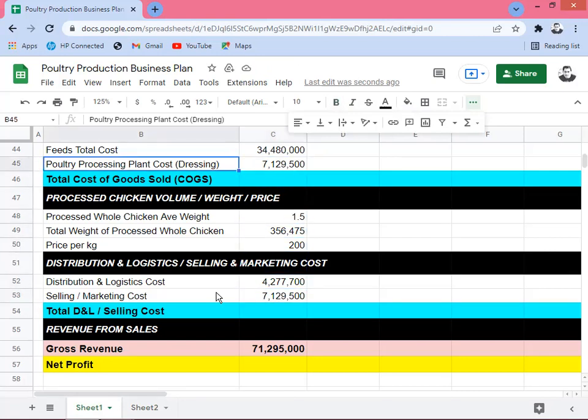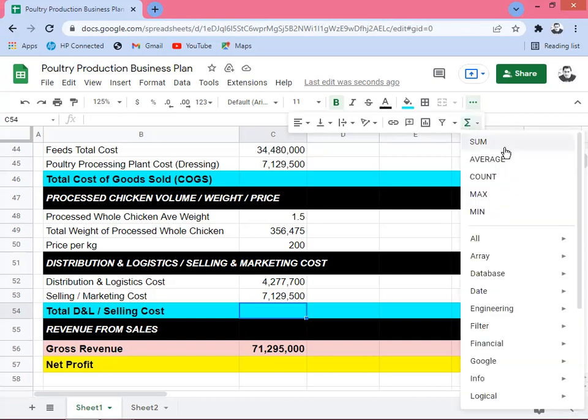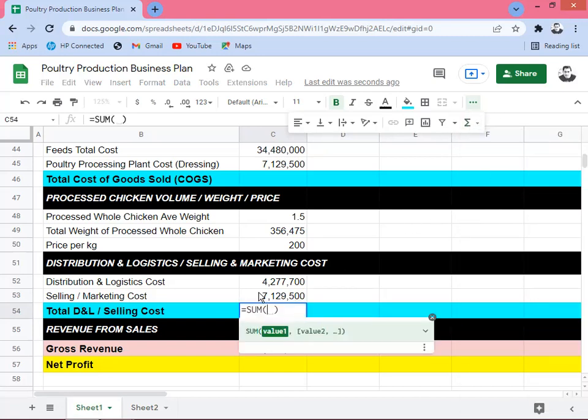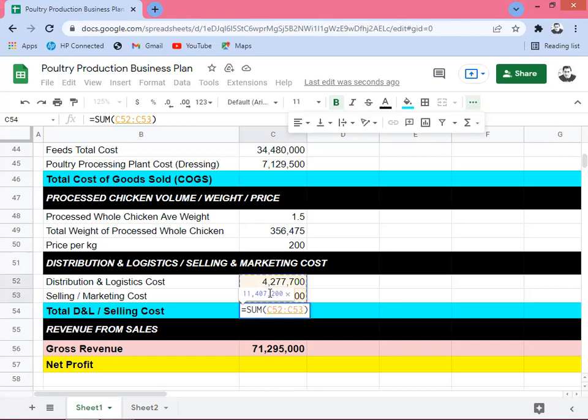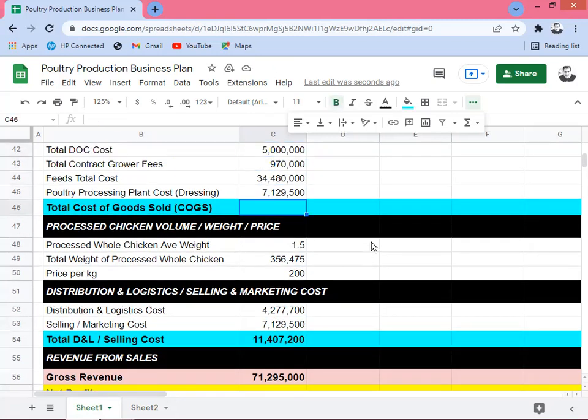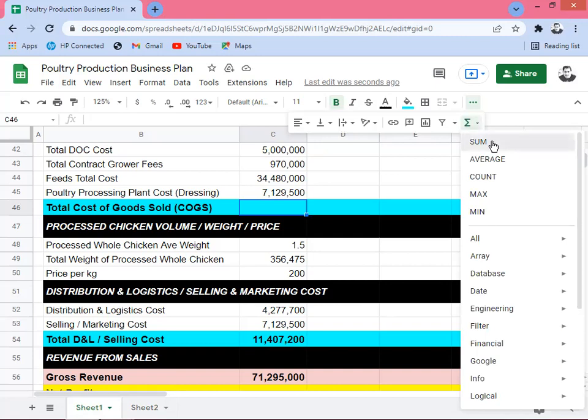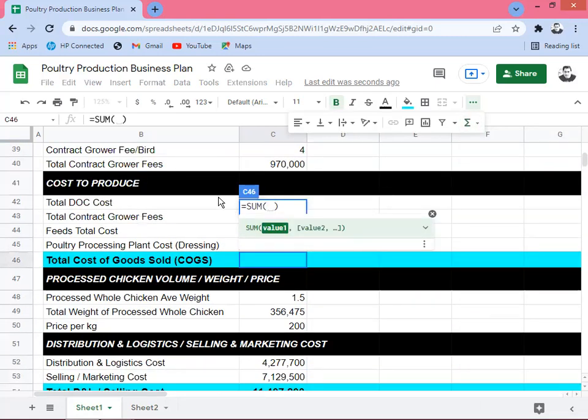So it would be the same as the dressing at 10%. Okay. Just for a start, so that you know how to do it. Okay, then we're going to add the two, selling and distribution, D&L. Okay, we already have the cost. We're going to sum it up.